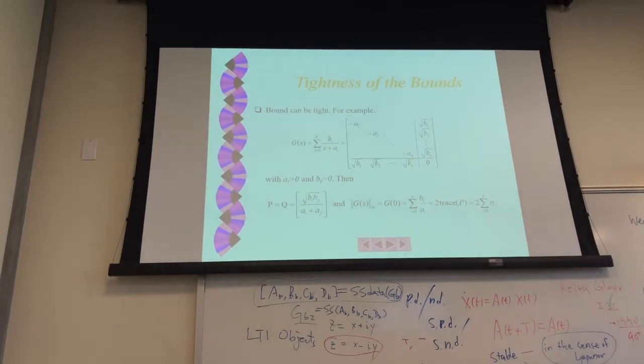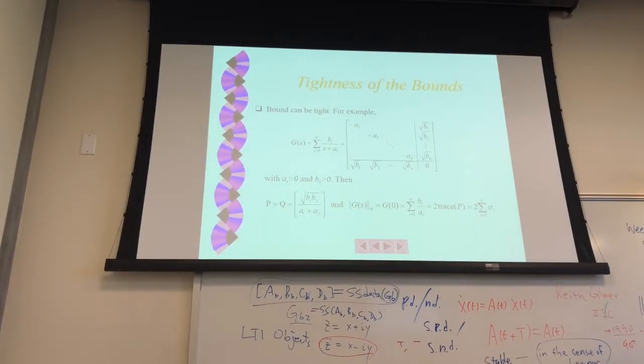We don't have a case of repeated modes, so everything is greater than 0. Then in this case, your P and Q can be written in an analytical form like that. And G infinity in this case is G0, when everything is 0, so you put it together like that. This is exactly 2 times trace P, which is 2 times the sum of sigma i.